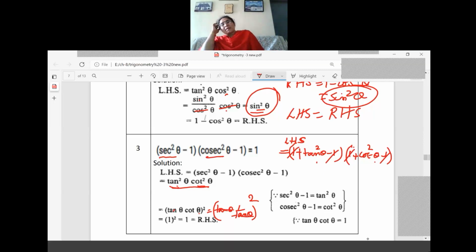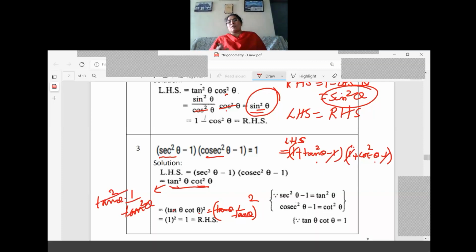Now if anybody is having the doubt for this line, can we write here only square? You can write here also. How we can write here? Tan square theta into 1 by tan square theta. There also you can cancel. So anyway you can try, but with the reason only you try, then your answer is equal to 1 only, which is equal to RHS.